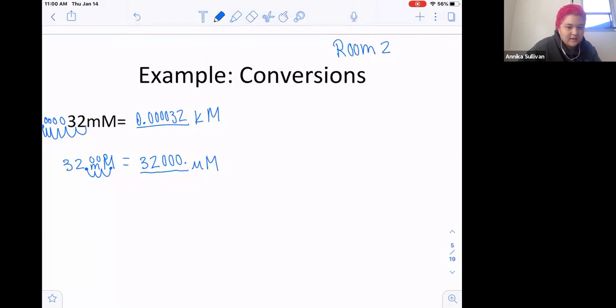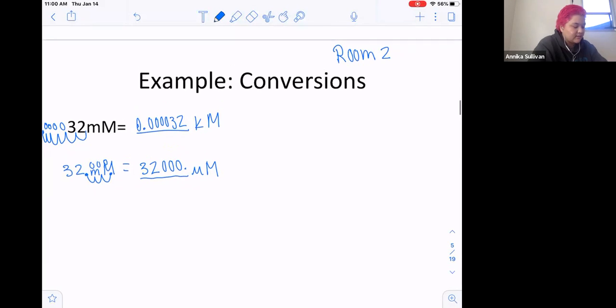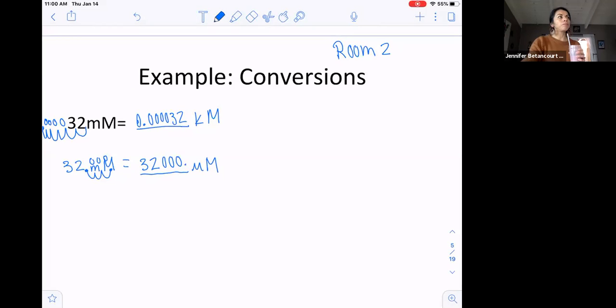Okay, so for our conversions, for the first one, when you're going from millimolar to kilomolar, you want to move the decimal place back over this way 6 times, because it's a factor of 1,000.